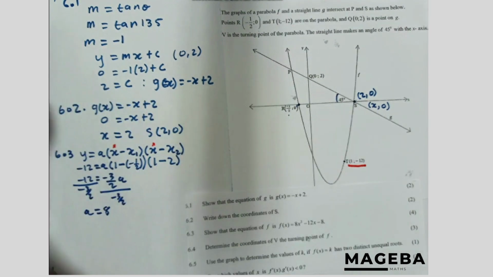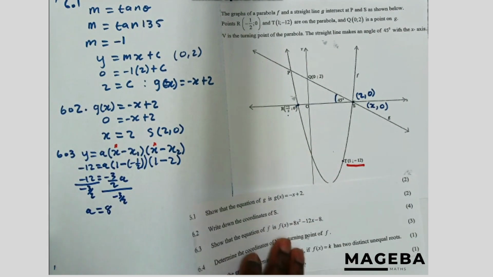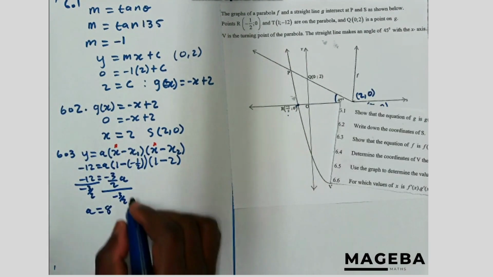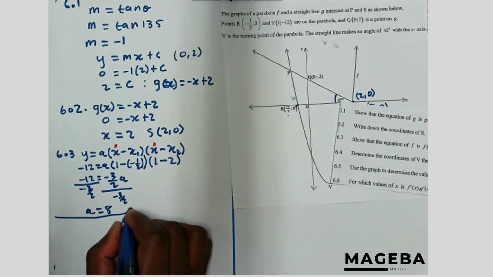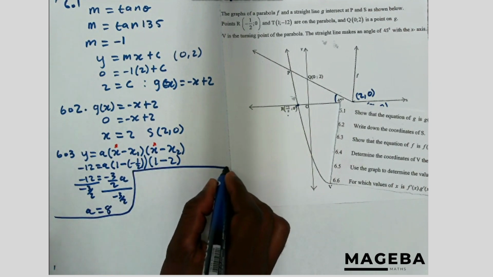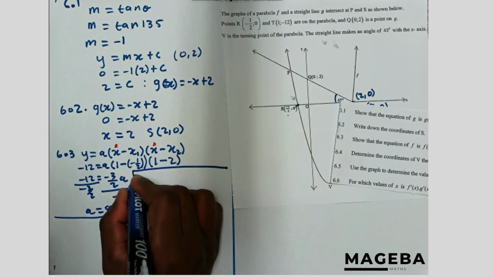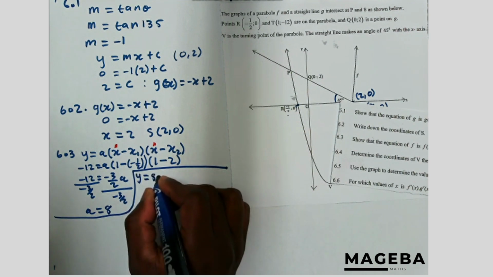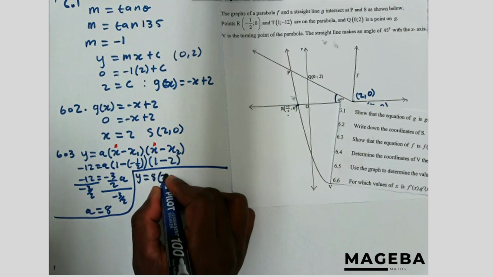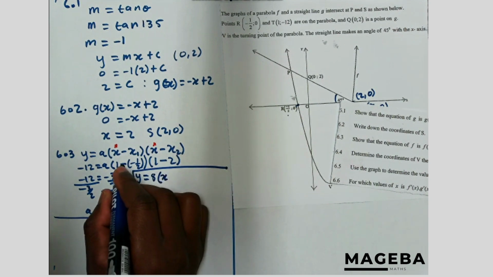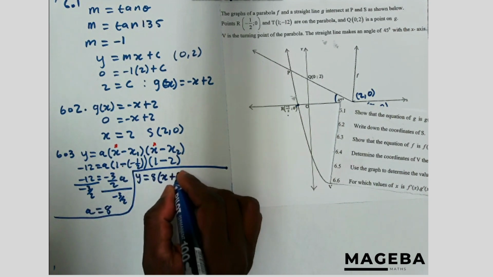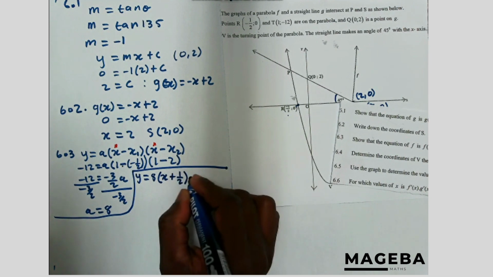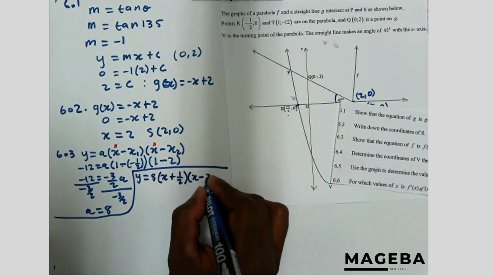So our a, it's what? It's 8. Then from here we go back to our equation, which is saying y is equal to, we know now our a is 8, into x, negative times negative is positive, so it's going to be 1 plus over 2, into x minus 2.